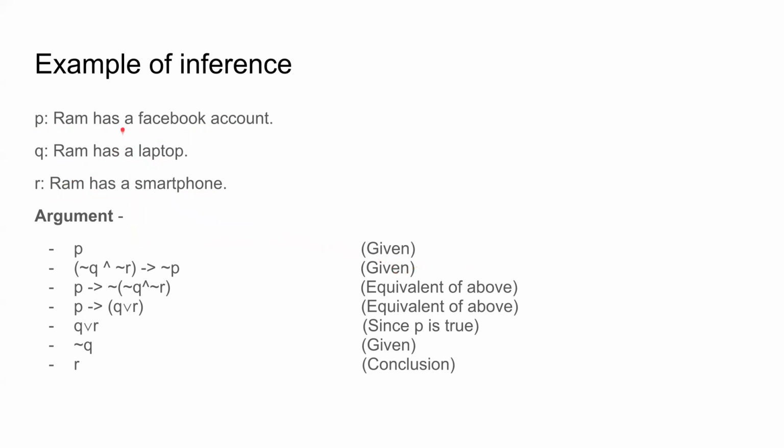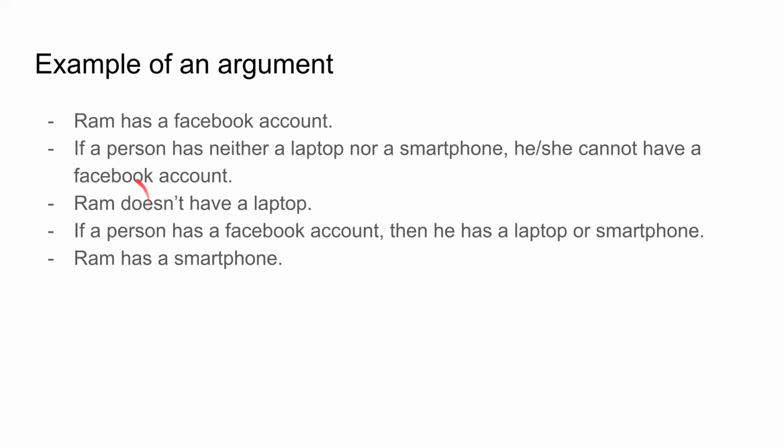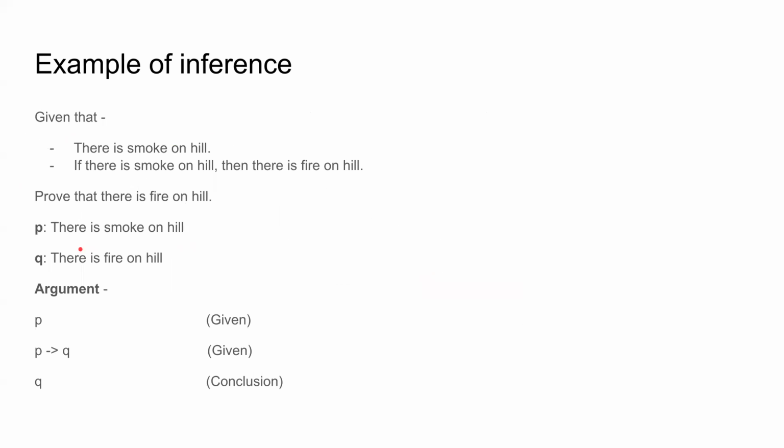Now let's use these symbols to present our premise. So we are given P. We are given P is true. What is P? P is Ram has a Facebook account. So this is given. So we can take this as it is. We are given P is true.